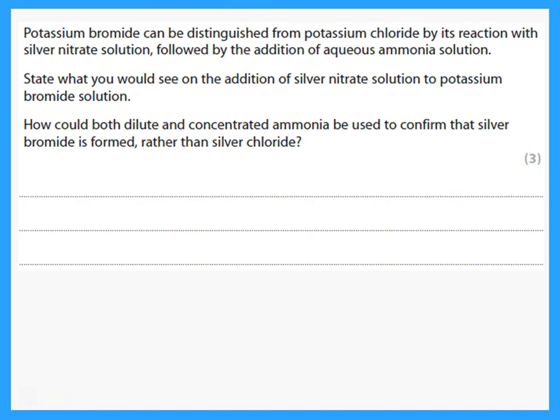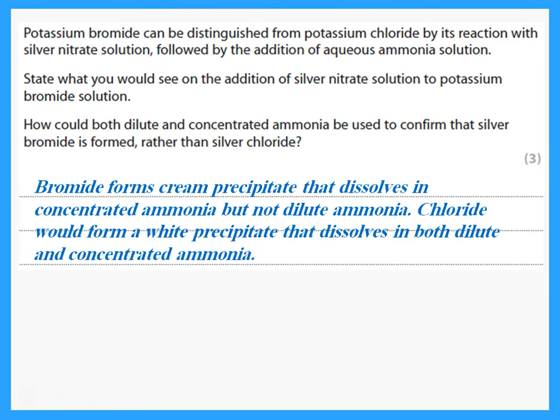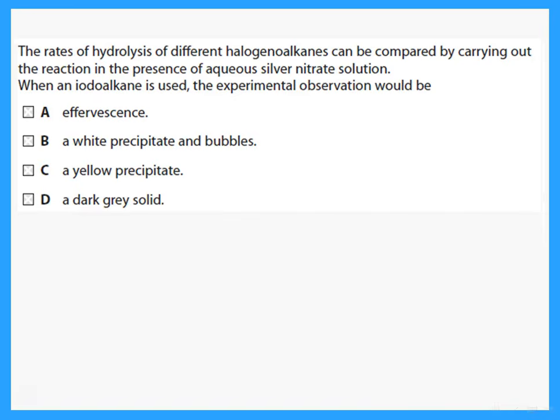Remember that when we add dilute nitric acid and silver nitrate to something that has bromide, it gives a cream precipitate. Now, this precipitate dissolves in concentrated ammonia but not dilute. The chloride would form a white precipitate that dissolves in both dilute and concentrated ammonia.